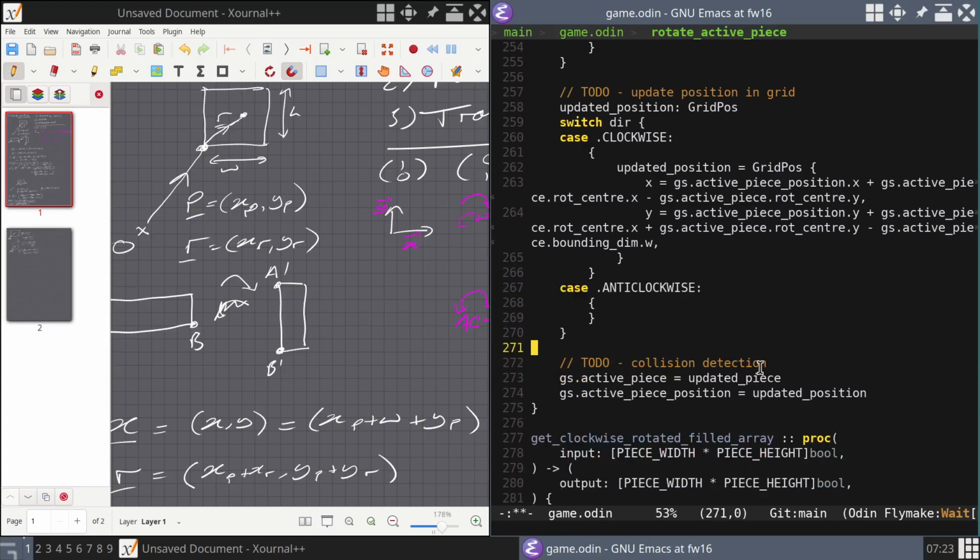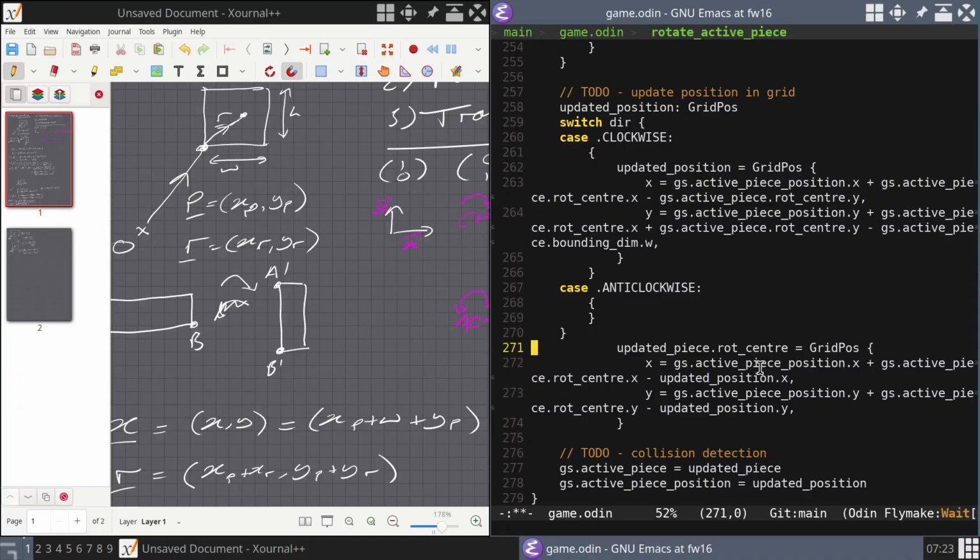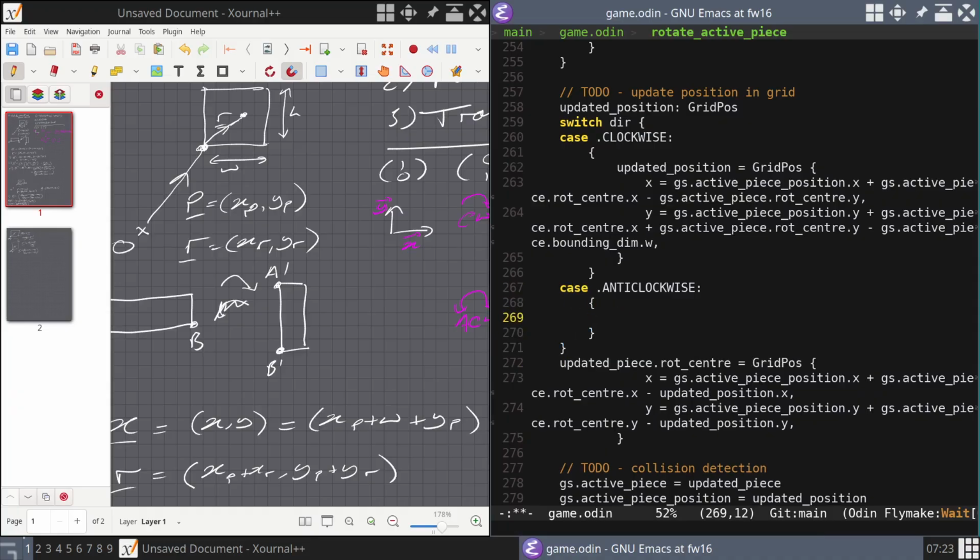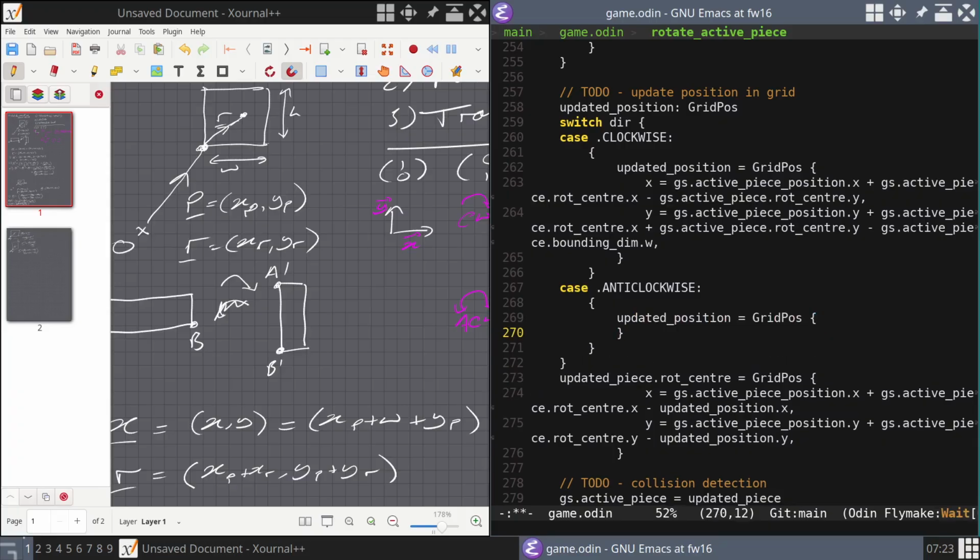I think we can pull that out and do it here. Means this bit is just updated position equals a grid pos. And we just need to work out what the equivalent formula is. Right?